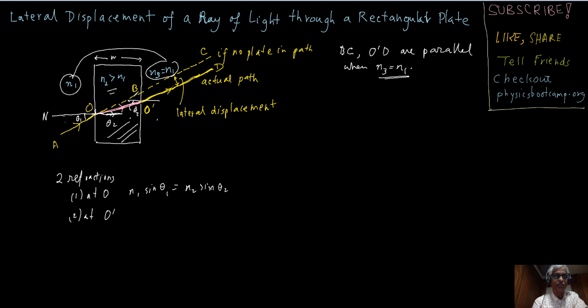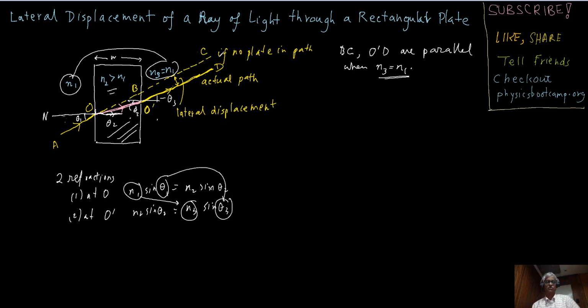So this will be N2 sine theta 2 on this side, and on this side, say this angle is theta 3, N3 sine theta 3. So if this is equal to that, then this will be equal to that, and so this will be parallel. That's the reason they're parallel.